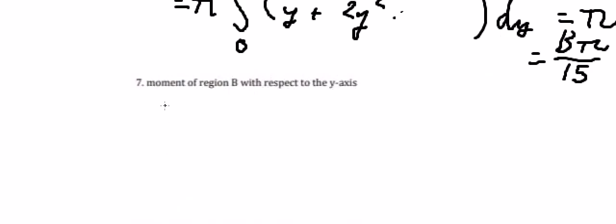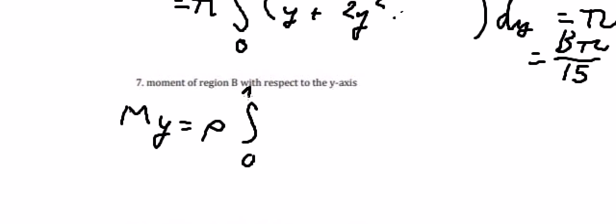Question number 7. Moment of region B with respect to the y-axis. So we have my and we have p in here. So we have the interval from 0 to 1, and we have s.